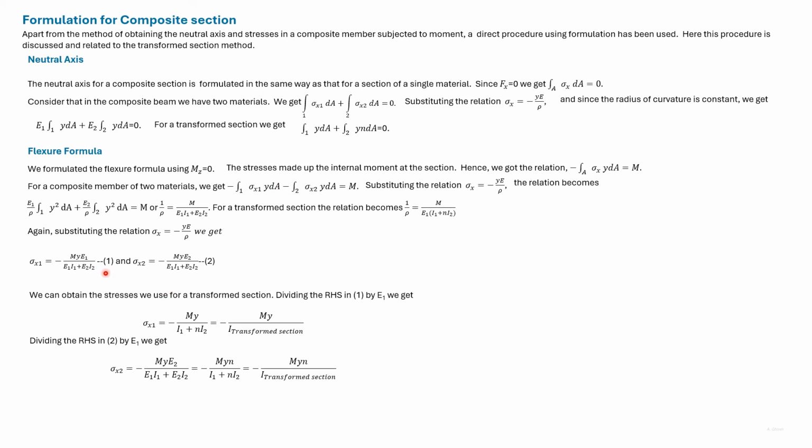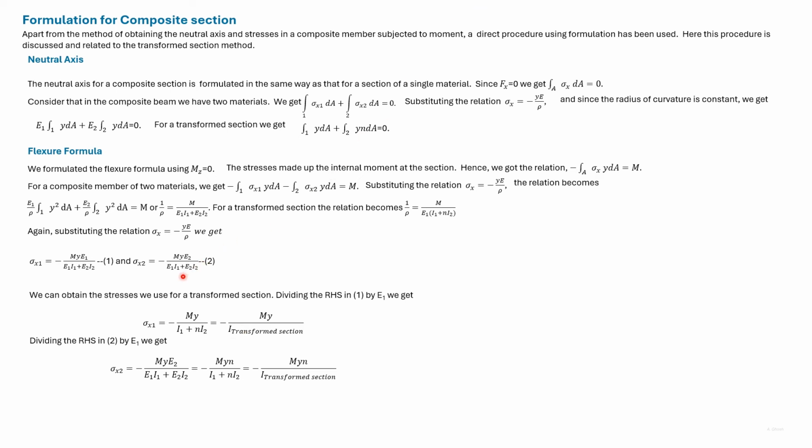In equation 1, dividing the right hand side by E1, we obtain sigma x1 is equal to minus My divided by the moment of inertia of the transformed section.